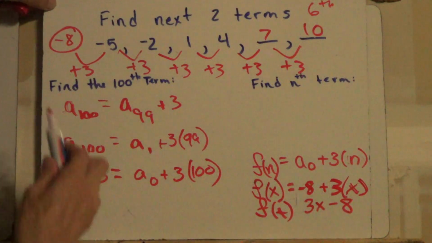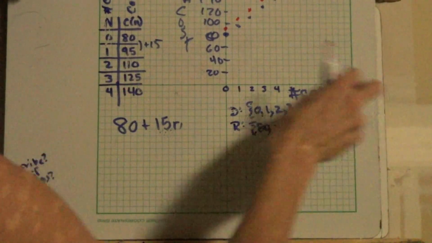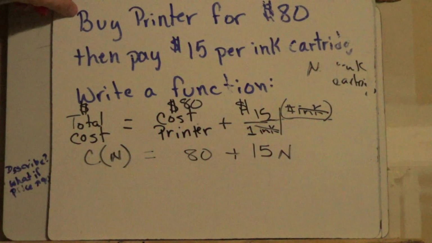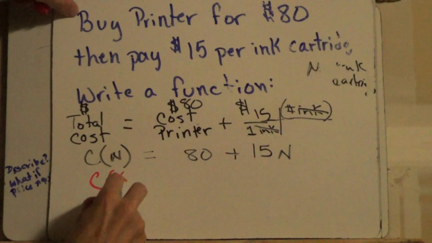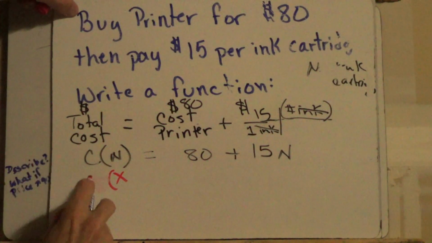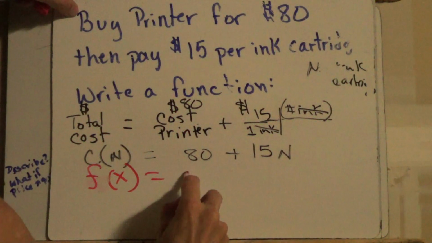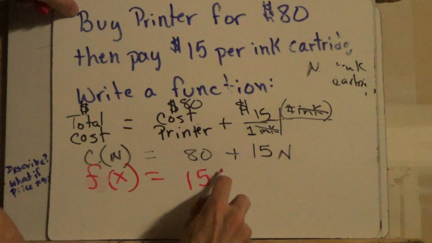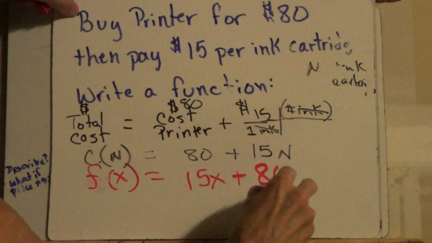mx plus b. Now look back at our real-world problem here. Do you see where we could have written this as c of x or f of x equals, switch these around, 15. Now since that's an x, we'll put an x here, plus 80.